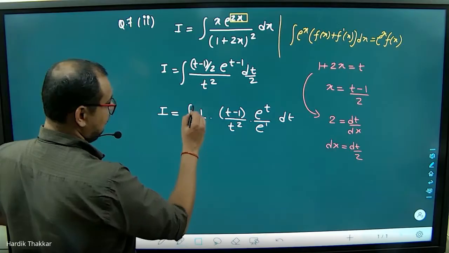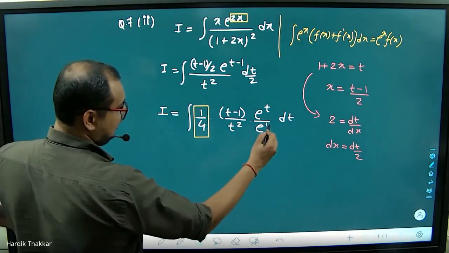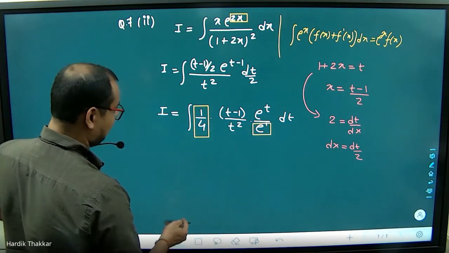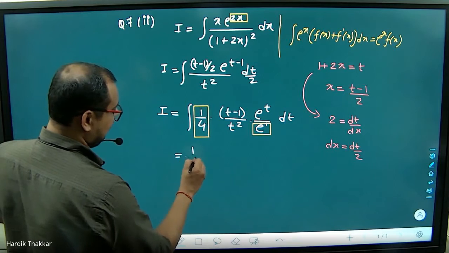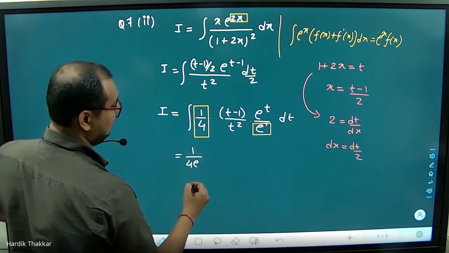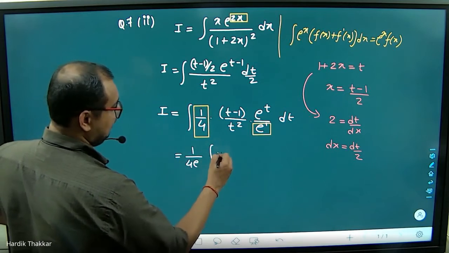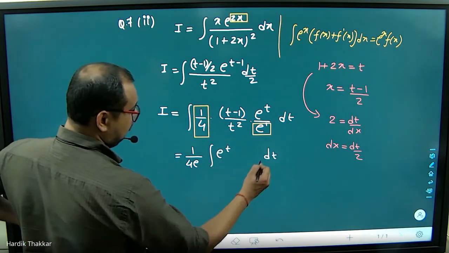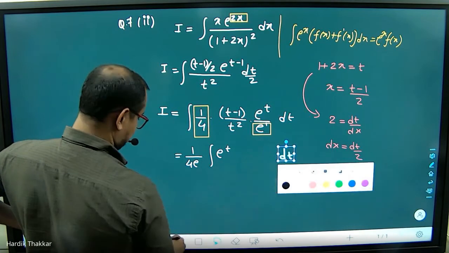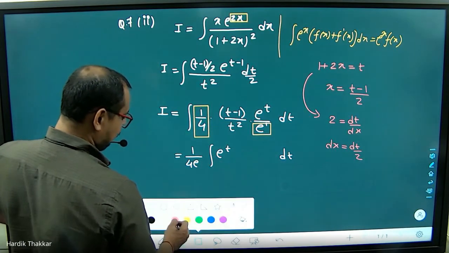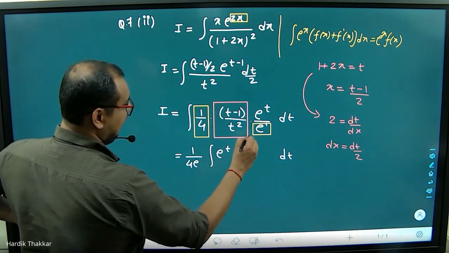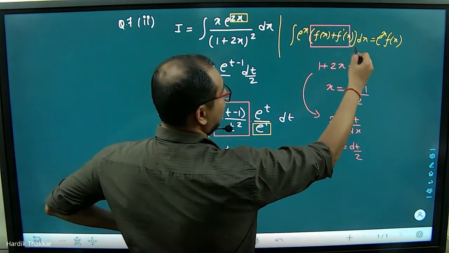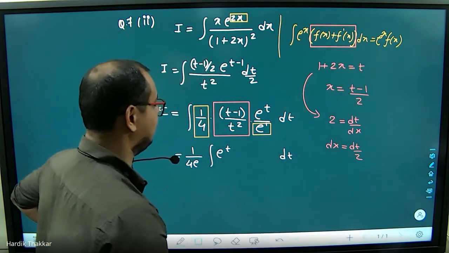Yes, sir. Now look, here this 1/4 term and this e term, both terms are constants, so we can write them outside the integral. So we can write 1/(4e) outside the integral, and further it will be e raised to power t dt. Now, for the rest of the terms, we have to arrange these terms in terms of f of x plus f dash of x.